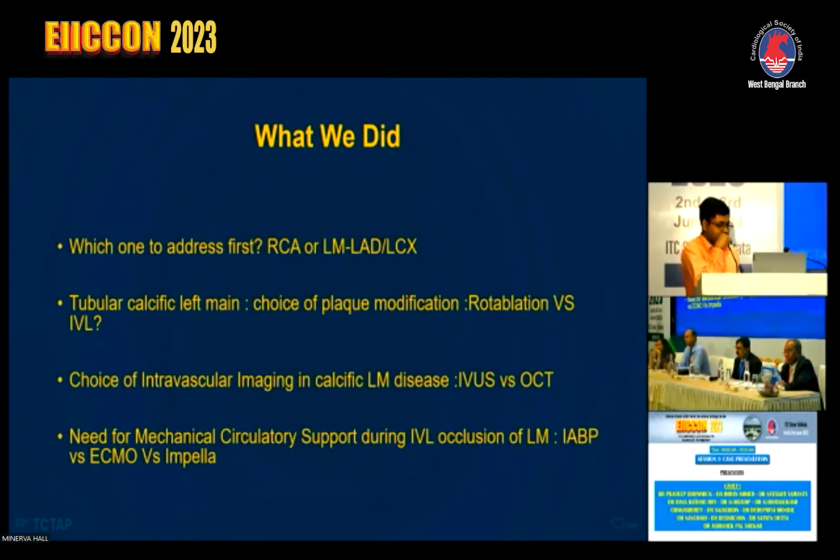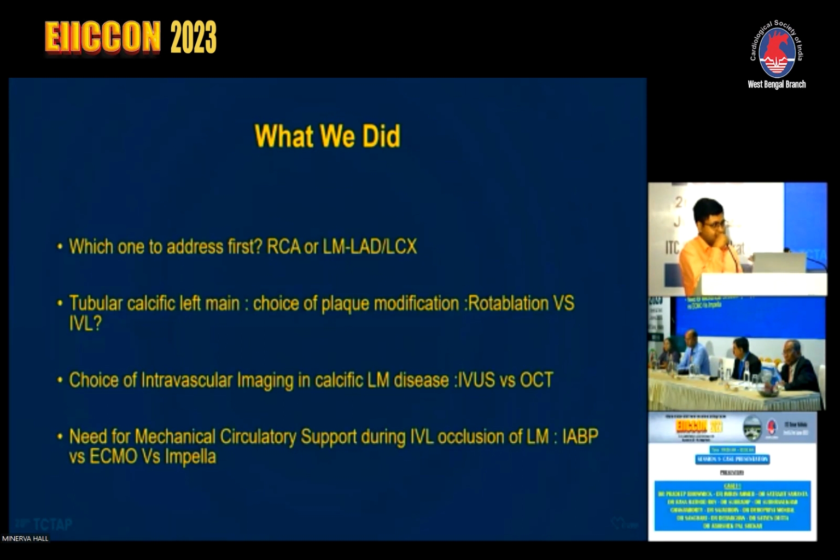And as far as IVUS and OCT are concerned, IVUS is always preferred in the left main because of the more lumen. OCT has less depth perception. And also there was ostial disease in the left main. For OCT, we need to disengage the catheter and also make sure that there is a good dye flush, which is difficult. For that, IVUS is always preferred.